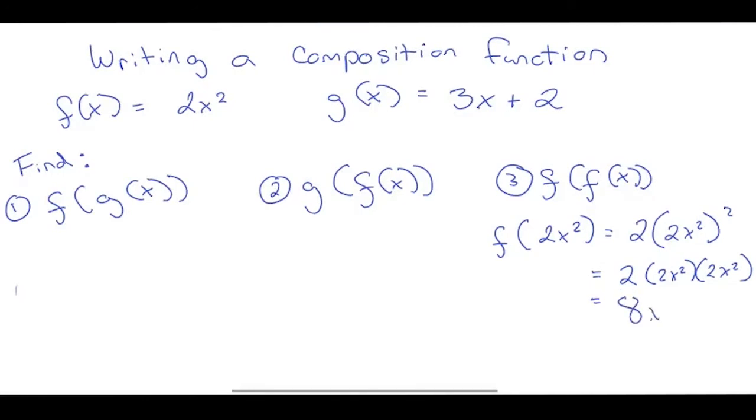And then I have x squared plus 2 up here. I got the 2 plus 2 because I have an exponent of 2 and an exponent of 2. And so that leaves me 8x to the 4th power. So f of f of x is 8x to the 4th power.